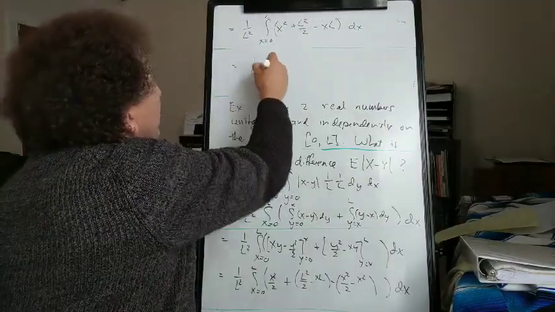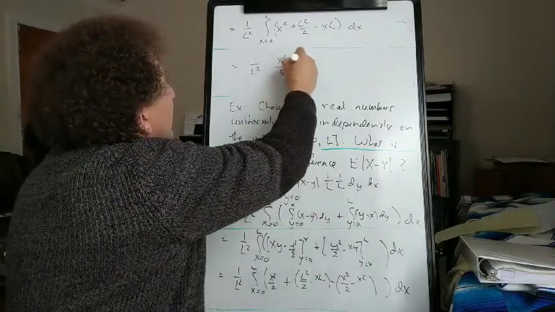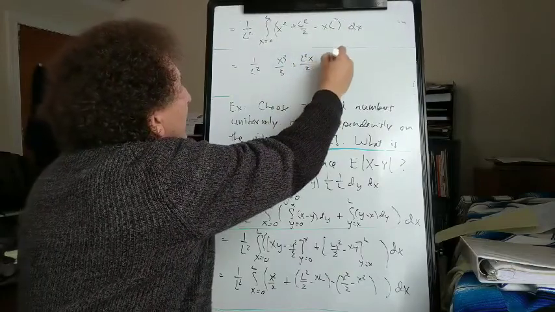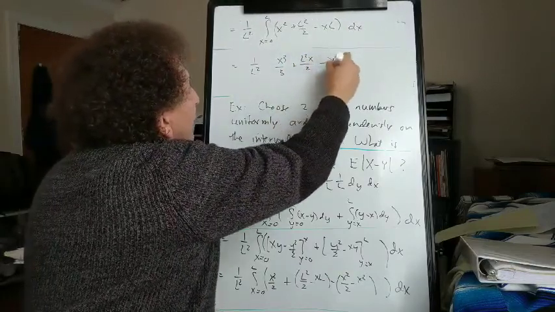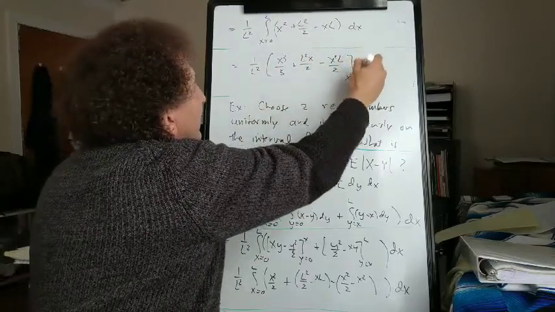So this is 1 over L squared, integrate everything dx, and we get x cubed over 3 plus L squared x over 2 minus x squared L over 2. All of this evaluated from 0 to L.